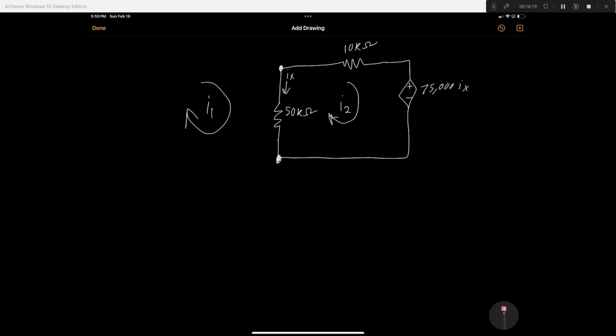It's already in volts, but it's an unknown Ix, right? We need to plug that in. So as we go around from positive to negative, the voltage source is positive 75,000. And how we're going to fix that Ix is we're going to plug in for what Ix is.